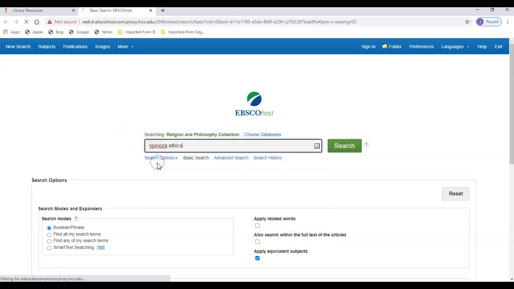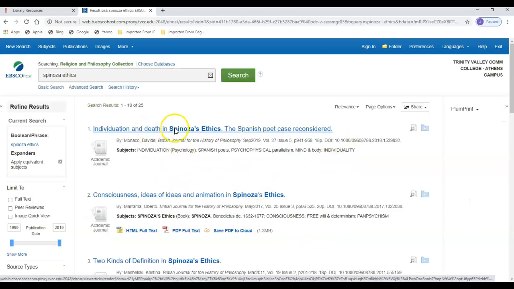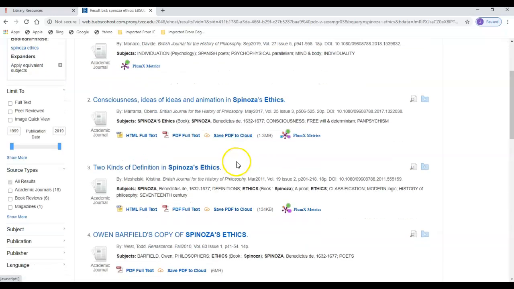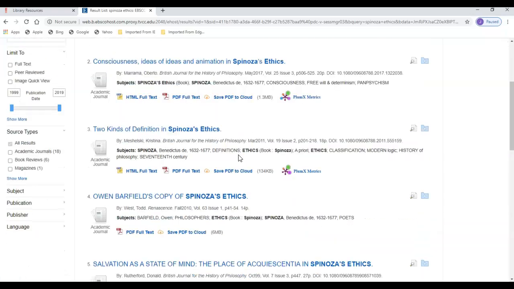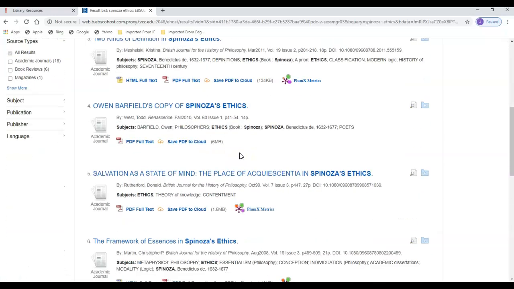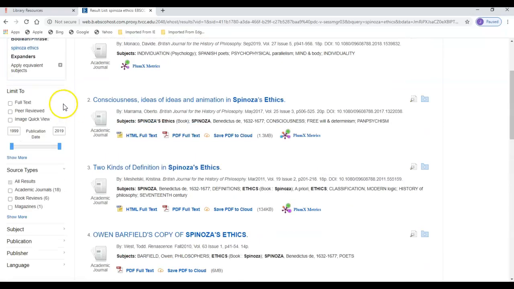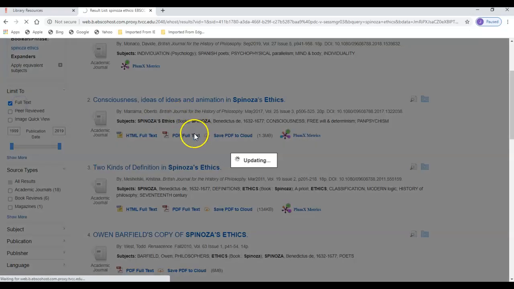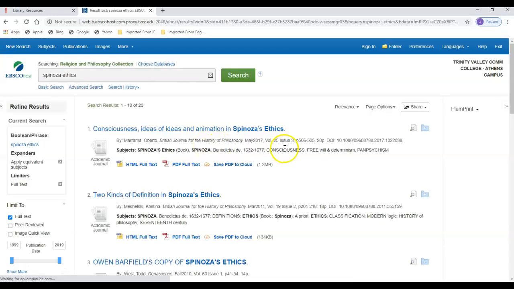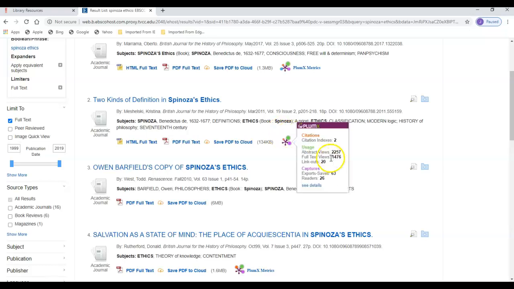You can look at Spinoza and ethics, and it will search for those. You have a number of different sources there as well that you can look at, and a discussion of those that you can deal with. And again, you will want full text, so you can have the whole article or the whole book, something to look at and to discuss.